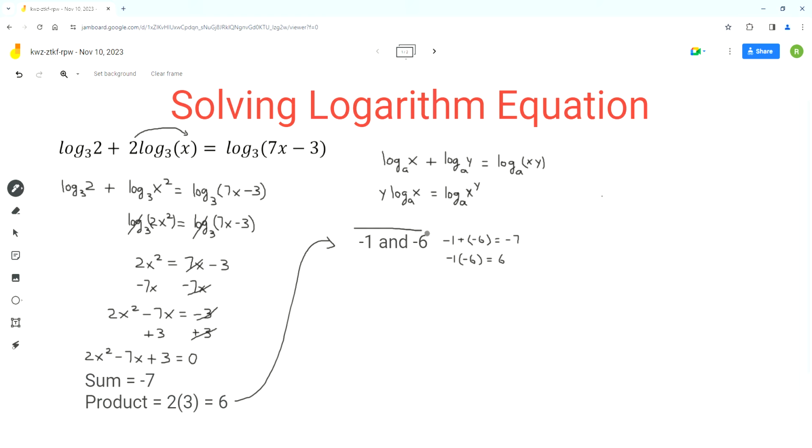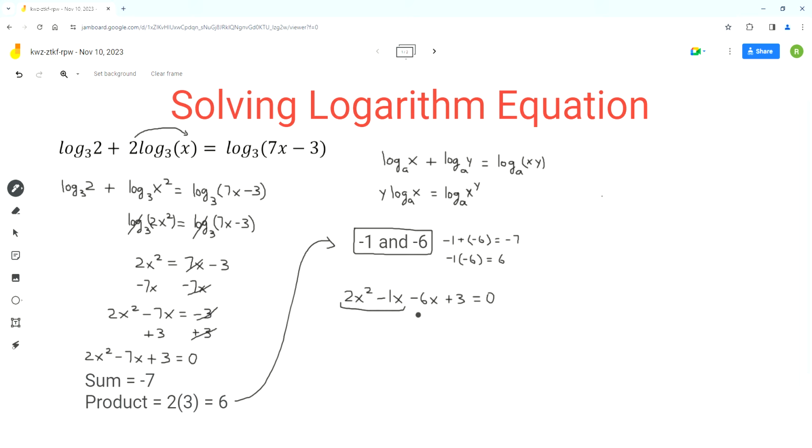So these are the two numbers we are looking for. So using the decomposition method, we will break down the middle term. So instead of -7x, we'll write -1x, -6x. So we have broken down this -7x into -1x, -6x.